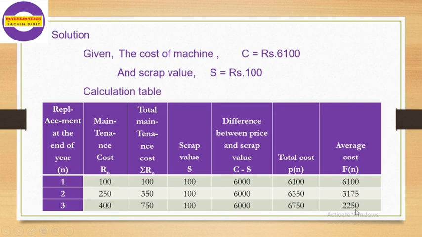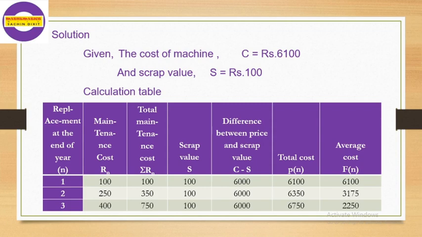2,250. Now if we observe up to this third year, the first year average cost is 6,100, the second year is 3,175, the third year is 2,250. That means this average cost is decreasing. It cannot increase further.